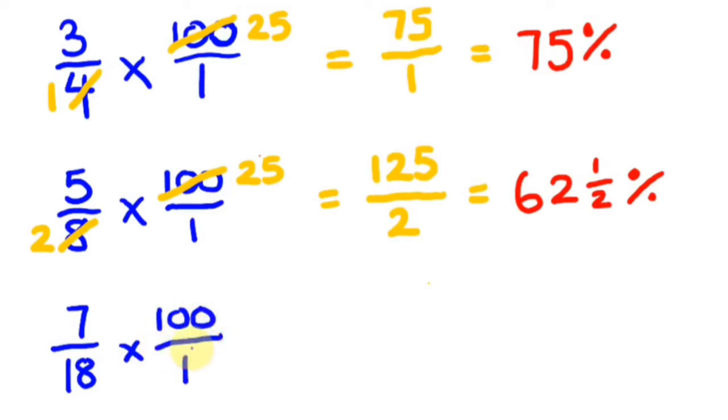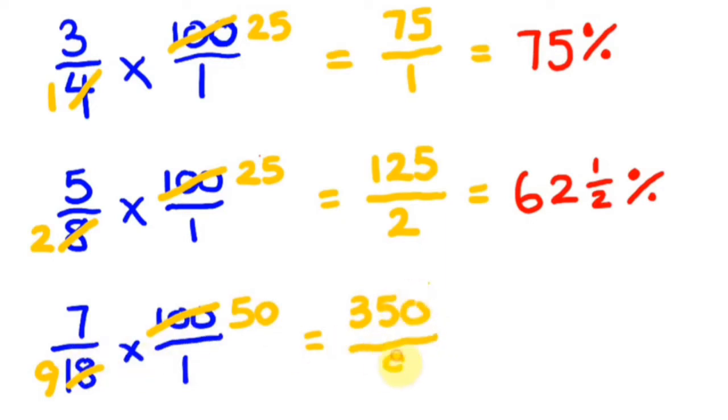Now let's look at 7 over 18. As usual, we multiply by 100% over 1. We have to divide the 100 and the 18, and when you look at it, you discover that 2 can divide both. 2 into 100 gives 50, and 2 into 18 gives 9. Now nothing can divide any further, so we multiply the numerators: 350 over 9.